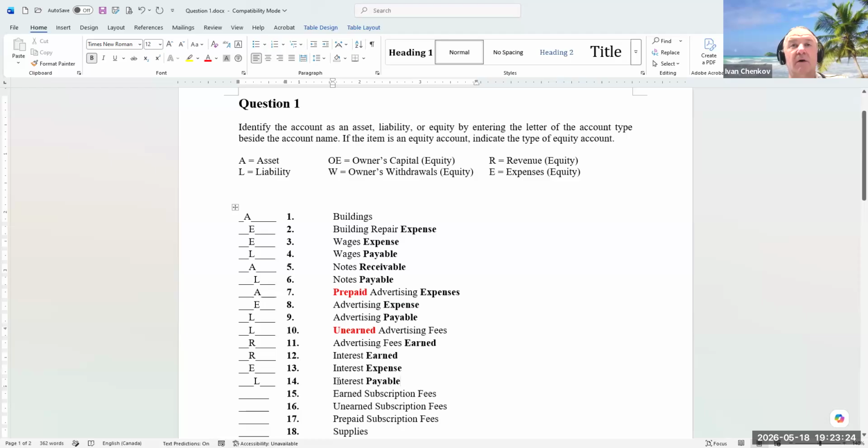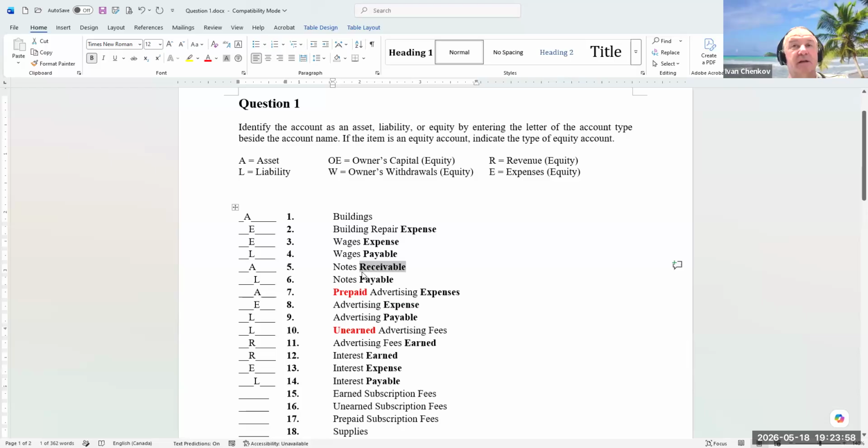No, think about it. How can I make it an asset? If you put prepaid interest expense, I can make it an asset. But without playing with the prepaid, how can I make it an asset? Earned? No. If it's earned, it's going to be revenue.